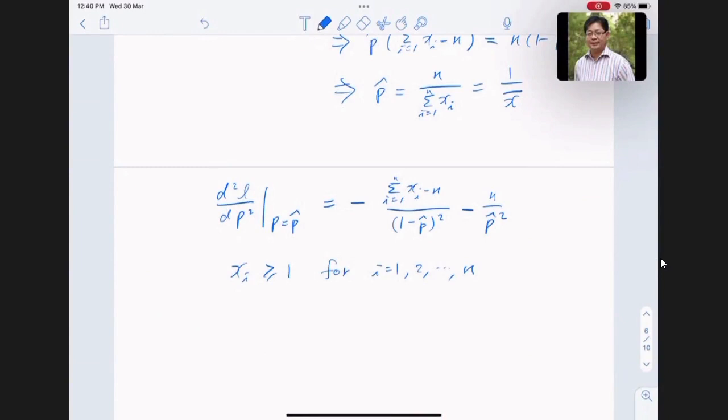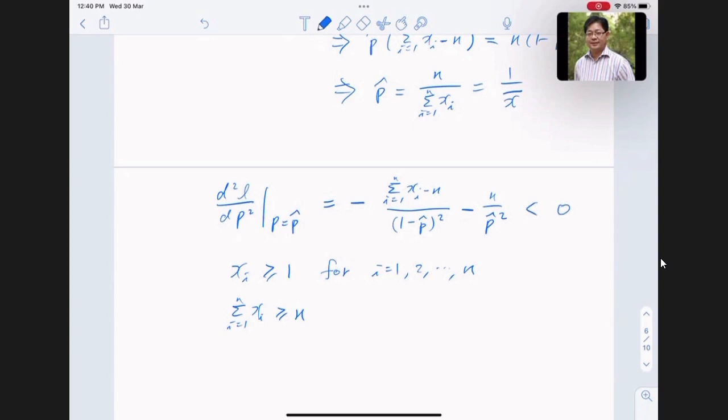This is where we know that the sum of them must be greater than or equal to n, because every number starts from 1, so the sum of them must be greater than or equal to the sum of 1, which is n. This is where we know that this numerator is non-negative, and therefore, the second derivative will be negative.